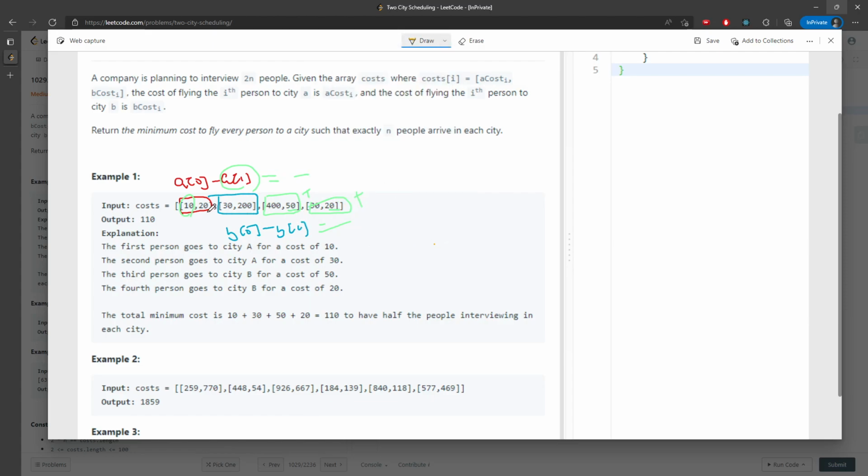So this is going to be negative, right? If there's a negative value, I'm going to put that in the first half of the array. So 10, 20 is going to be first, 30, 200 is going to be second, and then 250, something like this, and this is 30, 20, right?